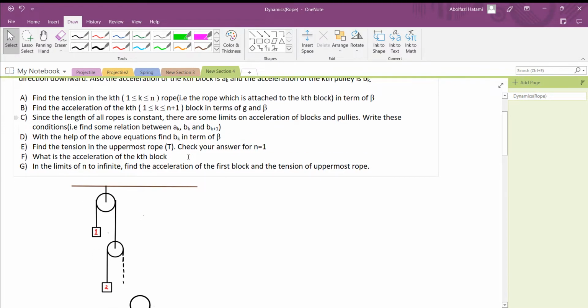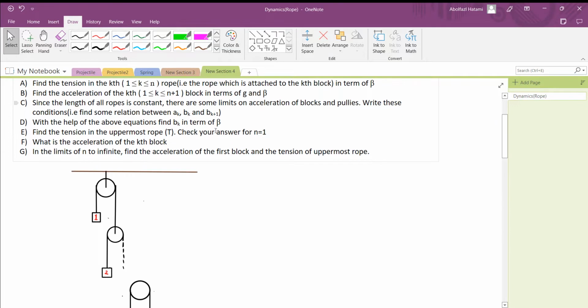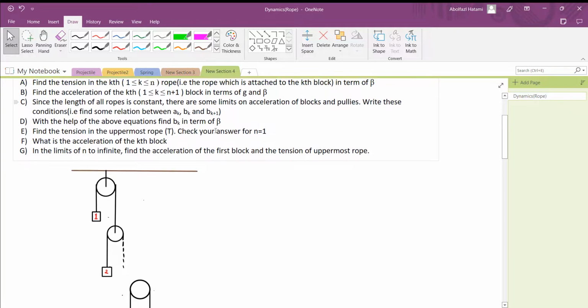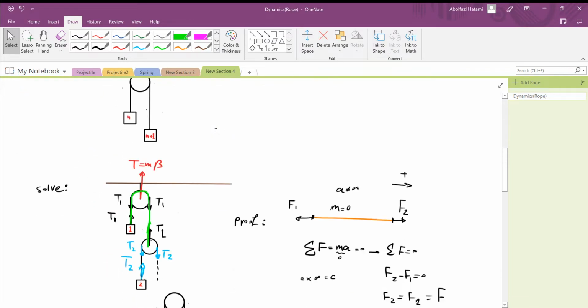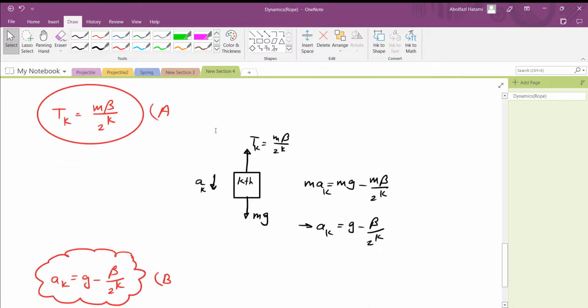Let me draw a picture to show the kth block, which has acceleration ak, and the kth pulley, which has acceleration bk, and also the k plus 1 pulley, which has bk plus 1 acceleration, to try to find some relation between them.